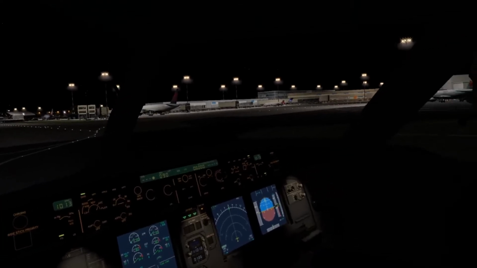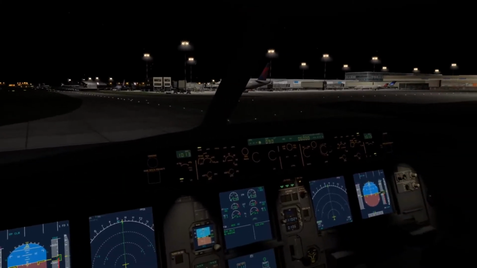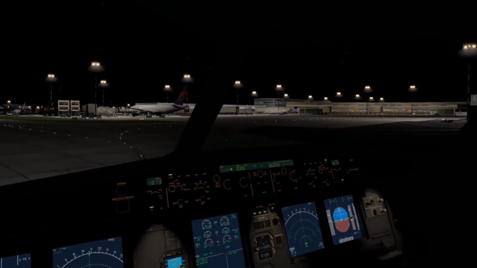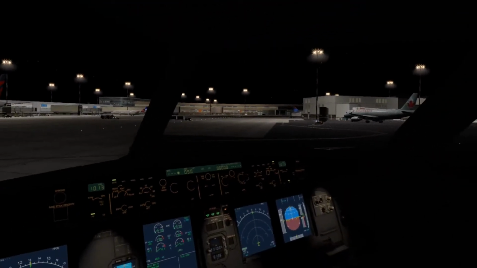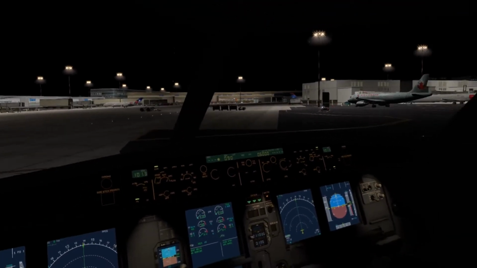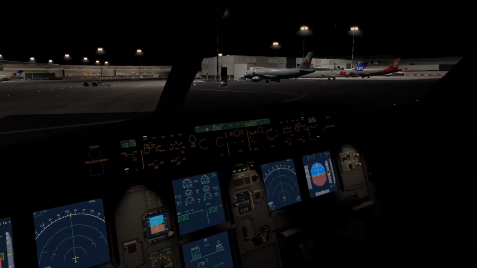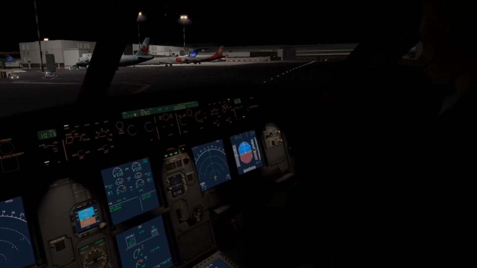Alright guys, we're just gonna park right in here. We're gonna park here, actually. As you can see, the aircrafts all lined up here. Gate is right there.